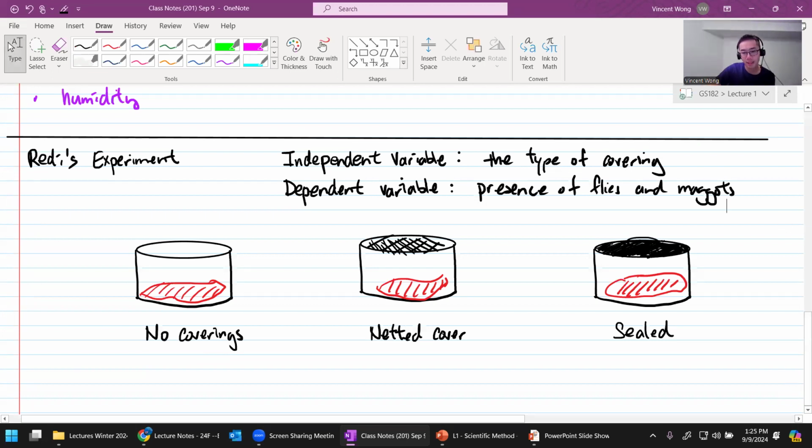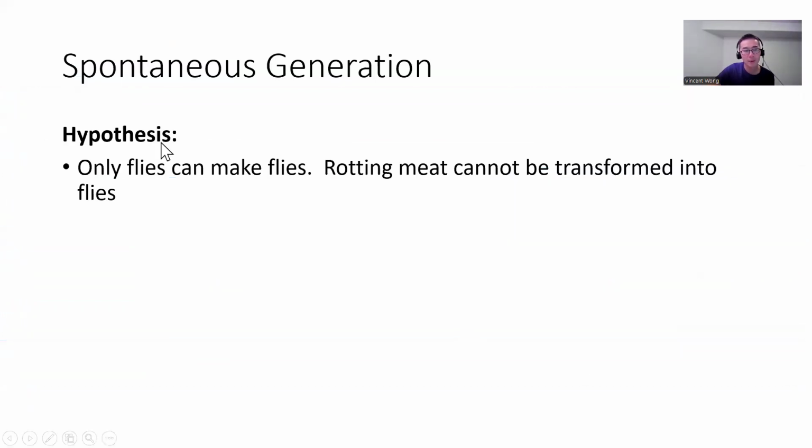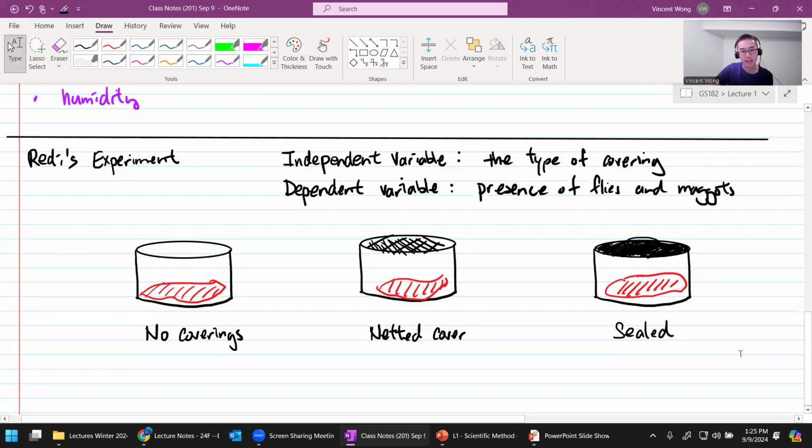Now I'm going to come back to this, but take a look at the hypothesis. The hypothesis was that only flies can make flies, and rotting meat cannot transform into flies. So he's looking for a presence of flies and maggots as well.